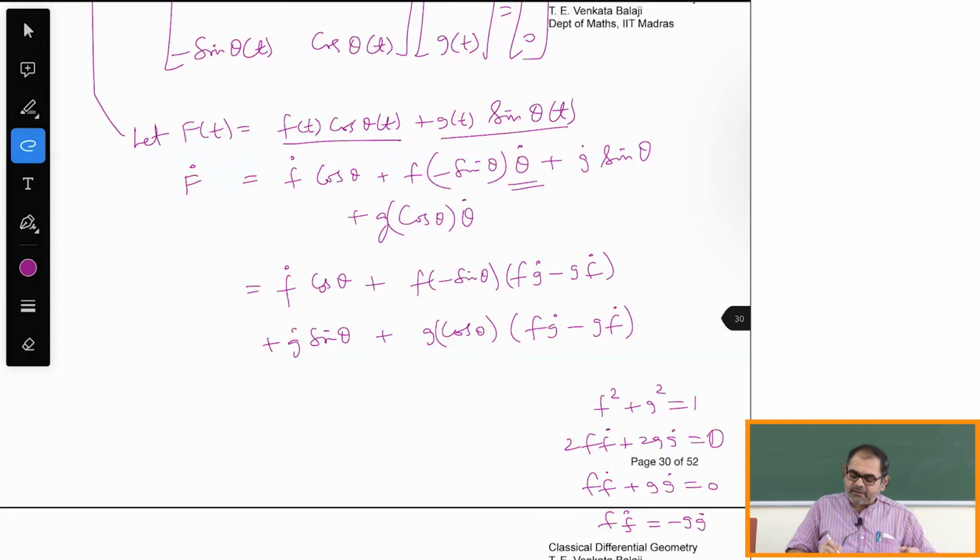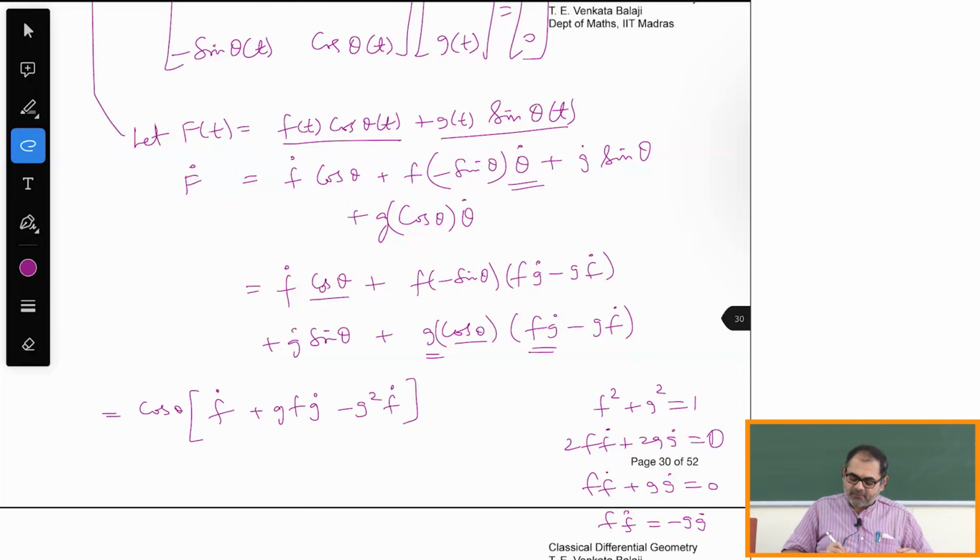Now you just collect cos θ and sin θ terms. For cos θ, there is an f dot from this term, and in this cos θ term I have f g g dot plus f g g dot, and then the other term is minus g squared f dot.